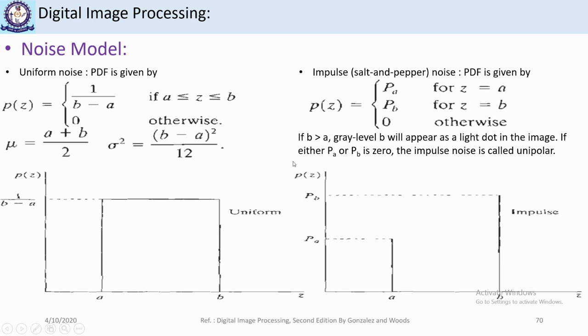And if either of Pa and Pb is 0, then impulse noise is called unipolar noise. If either of these two is 0, that means only one type of dot will appear, either a black dot or a white dot. That is why it is called unipolar noise in that particular case.